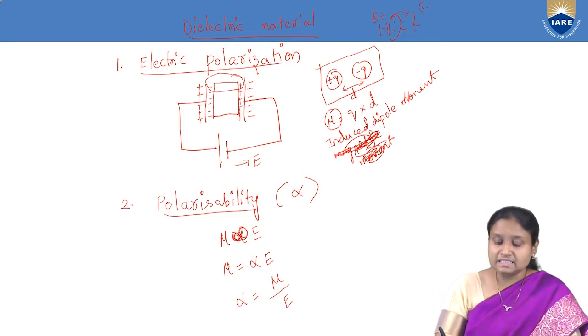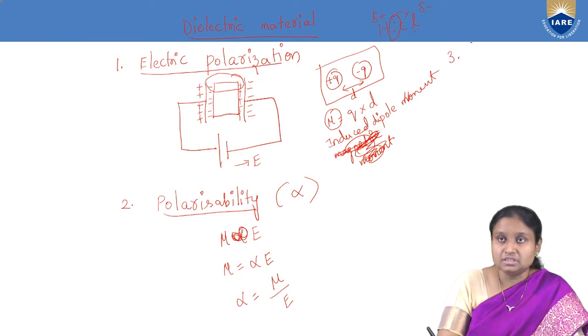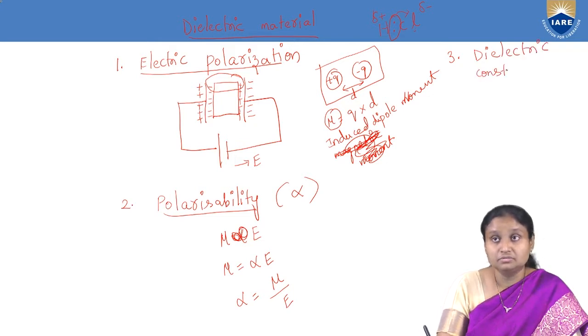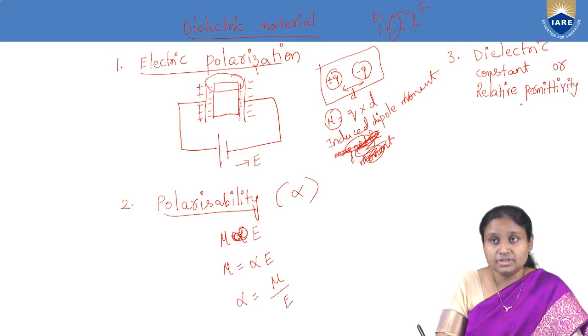Then coming to the next term related to dielectric material, the dielectric constant, which has one more name: it is also called relative permittivity, generally denoted as epsilon r.